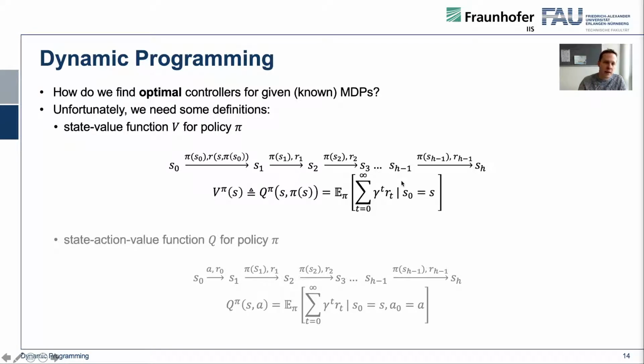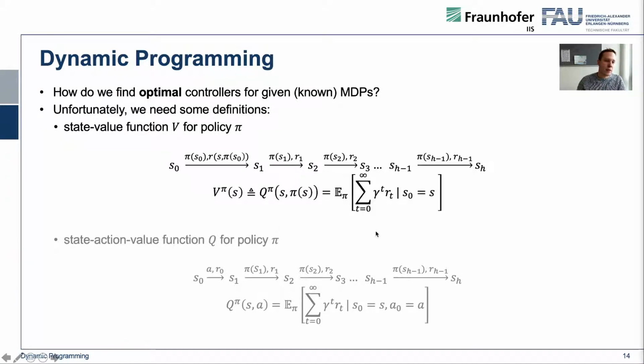It's the expected discounted reward over the state sequence if we start at a state S0 and we keep following our policy. So if we are selecting actions based on our policy and we sum up in a discounted way all the rewards that we get until the end, this is the state value of state S.